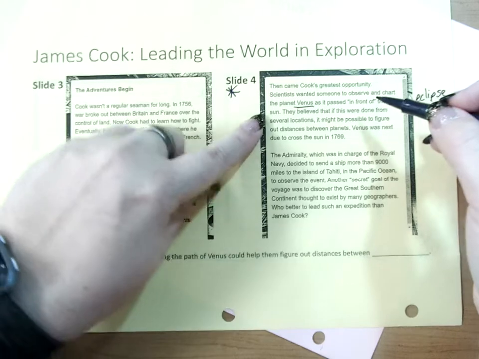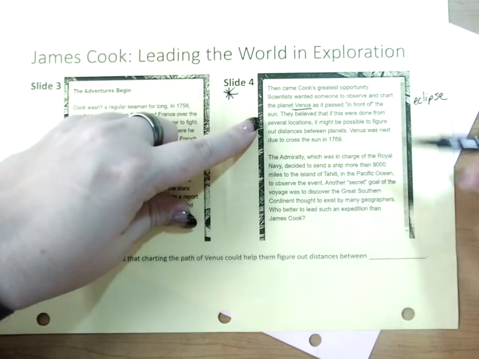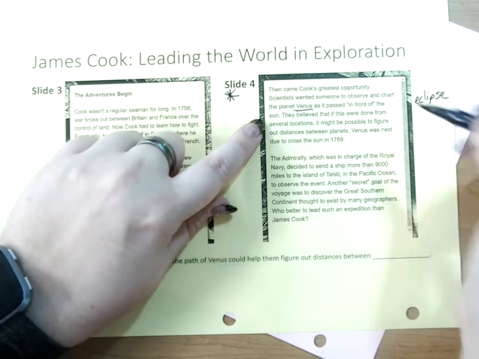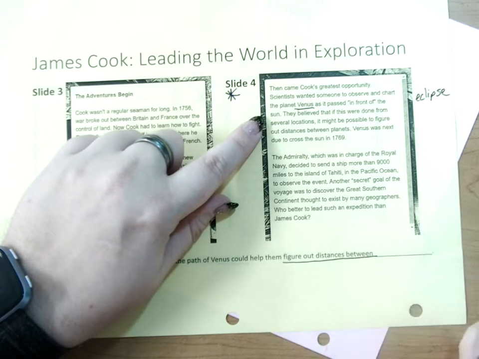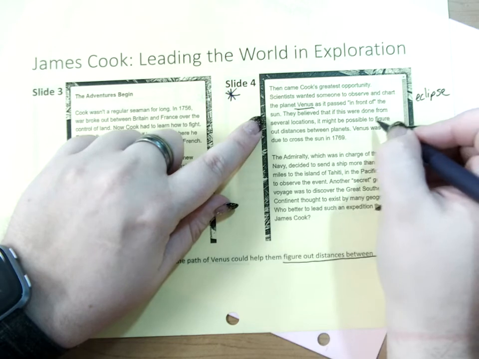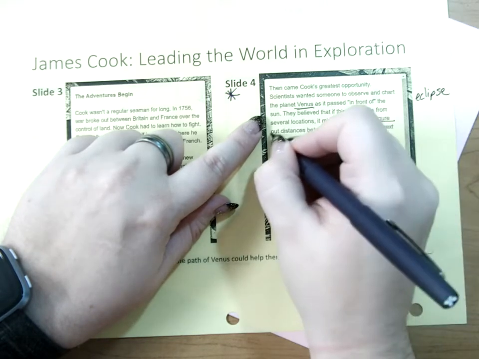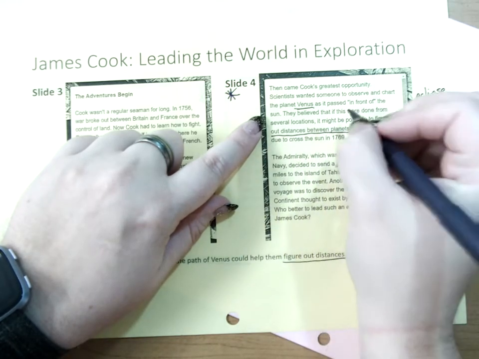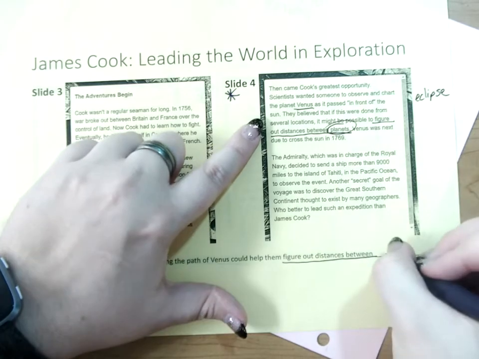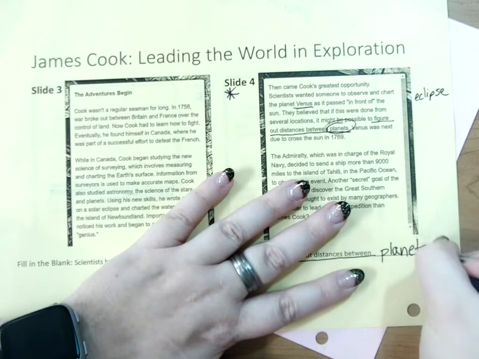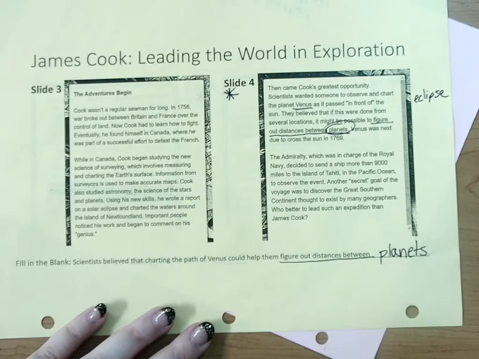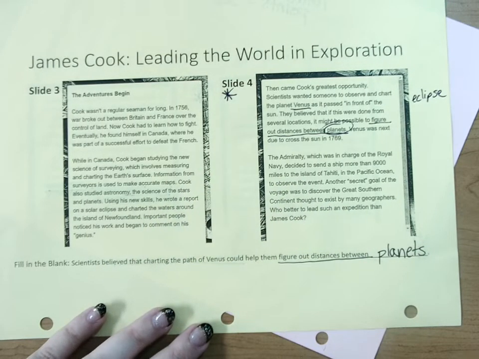All right, so that kind of has these key words here in two separate sentences. So basically we have figure out distances between, and that's what we have here. It says figure out distances between planets. Okay, and so then you write planets down here.